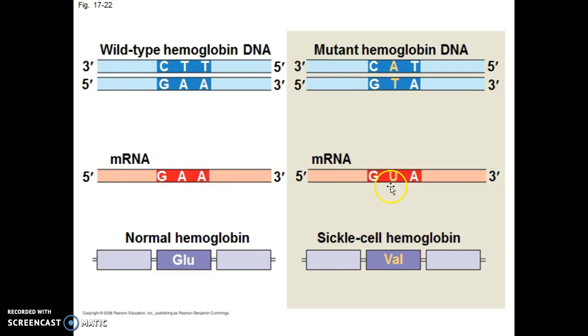This one little change would create a different amino acid, Val. And in this case, if we're looking at hemoglobin, that one little difference will be the difference between a person having sickle cell anemia or normal hemoglobin.